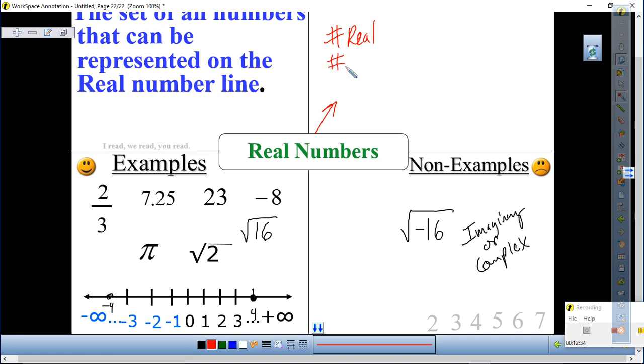Leslie? What would you send as a hashtag for real numbers? They need to have what? Bam! Not imaginary.